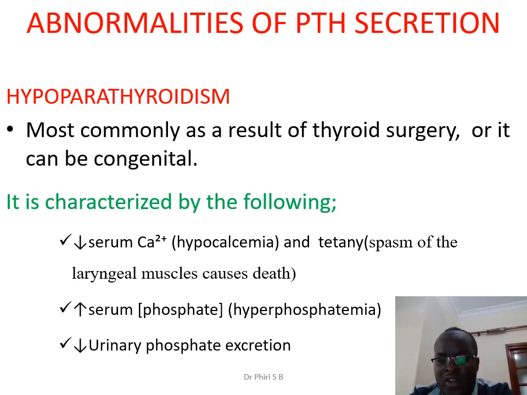Spasms of laryngeal muscles cause death. So in the larynx, you have muscles, those are laryngeal muscles. Because now you have hypocalcemia, and we said hypocalcemia causes hyperexcitability of the peripheral and central nervous system, misfiring of action potentials can cause contraction of the laryngeal muscles, squeezing the trachea and collapsing the airways.